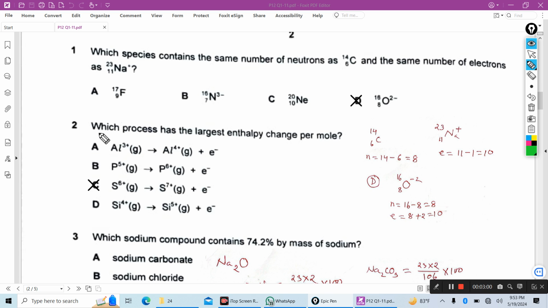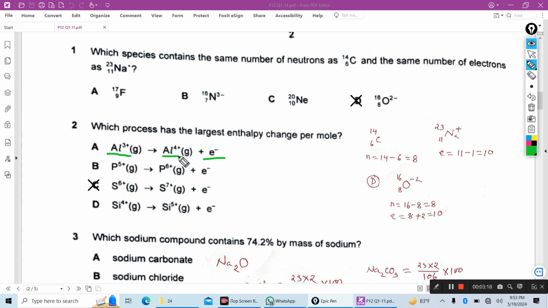Next, number 2. Which process has the largest enthalpy change per mole? So this is aluminum 3 plus losing an electron to produce a 4 plus gaseous ion.